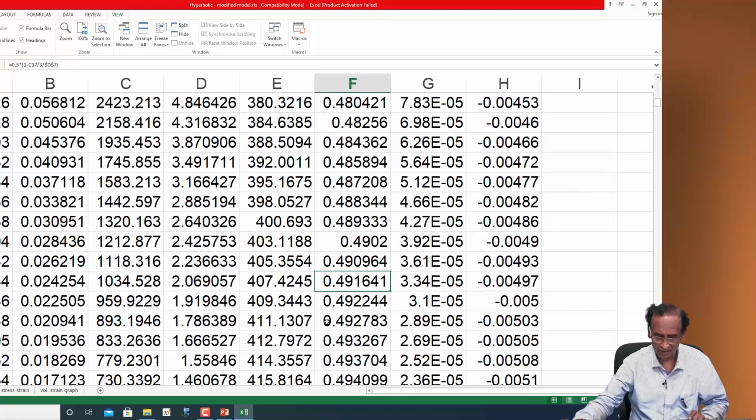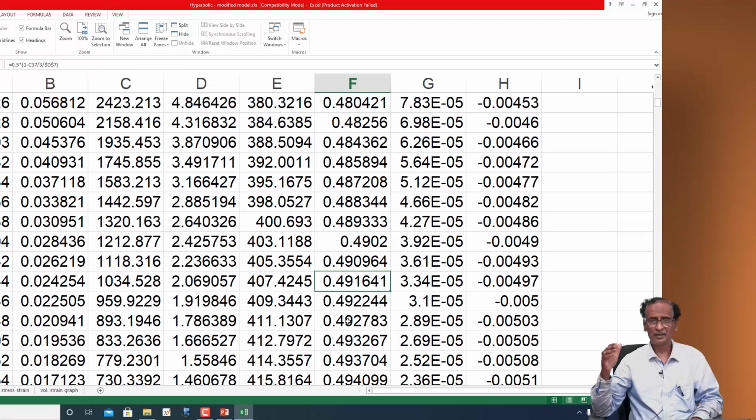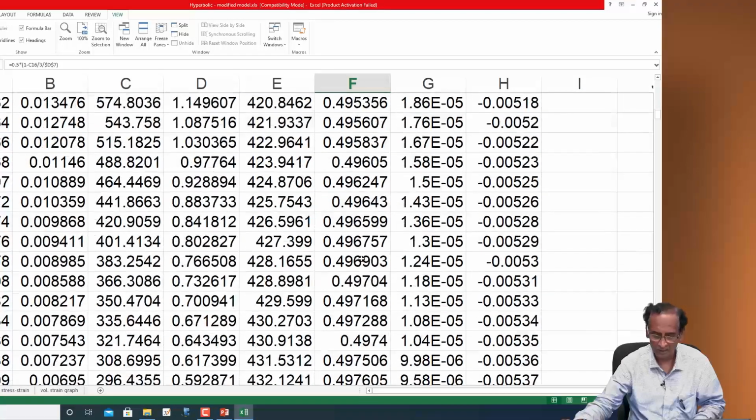Beyond that also it is changing because our Young's modulus will go on reducing. And you see at the limit state the tangent Poisson's ratio has increased from an initial value of 0.155 to about 0.49.